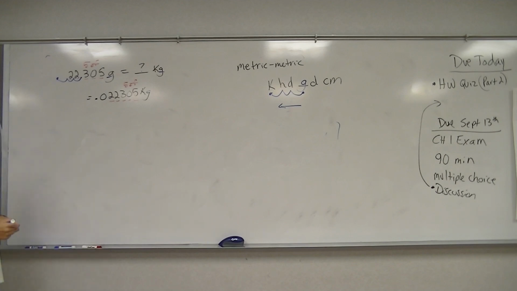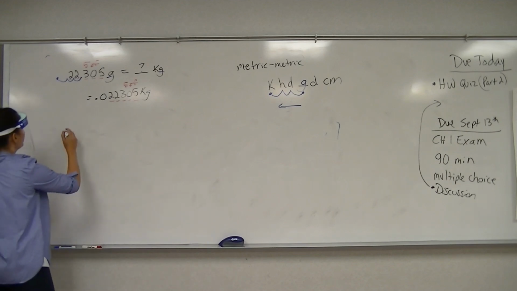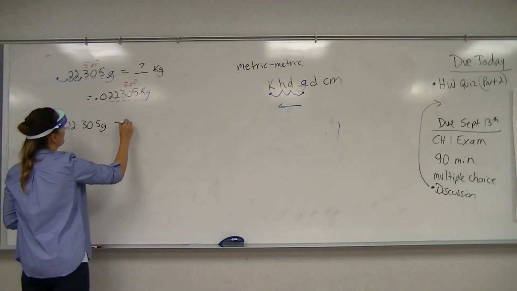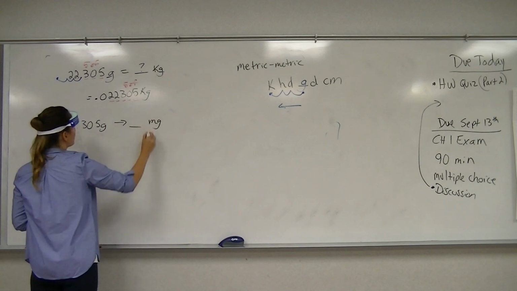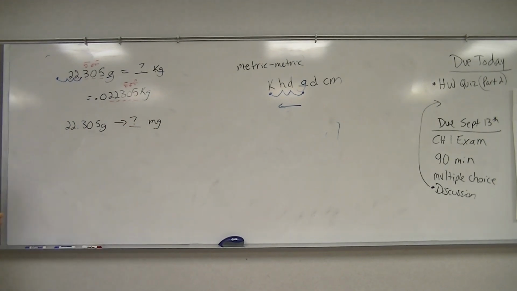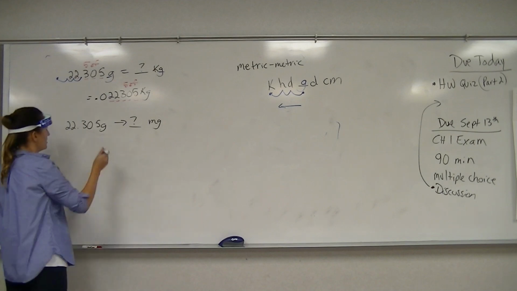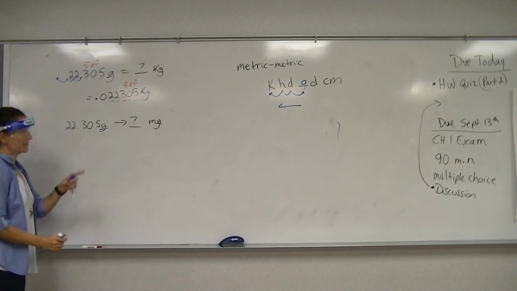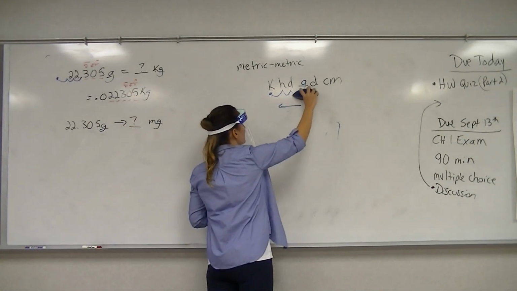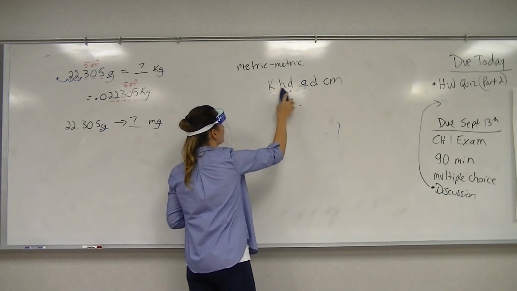All right, so the next one is asking, with the same number, to go to milligrams. A little bit of practice with metric to metric, because you'll notice, letter in common, we're using that scale again. The letter in common is a G, so I'm just going to leave that G there.